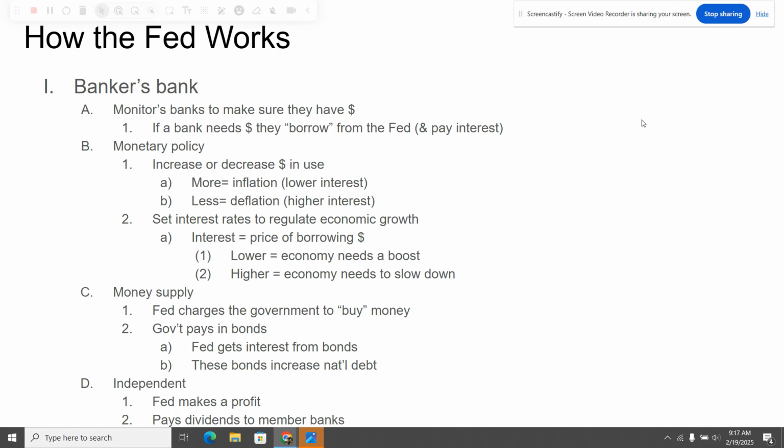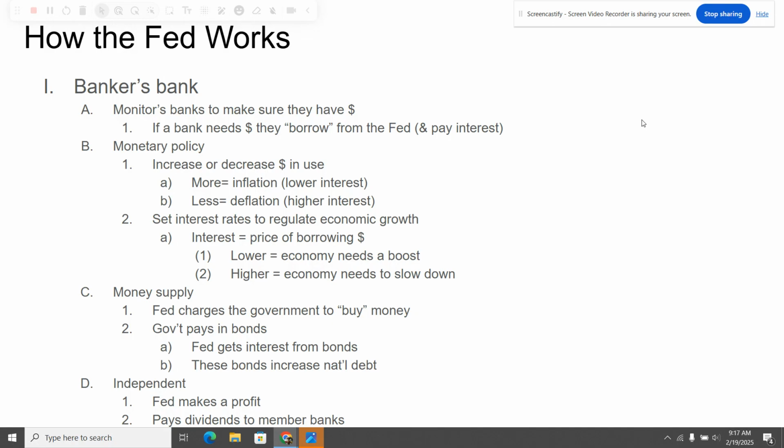When a bank issues a loan, especially if it's a big loan, they go through the Federal Reserve Bank for their district. So in Milwaukee, they would go through the Federal Reserve Bank of Chicago.